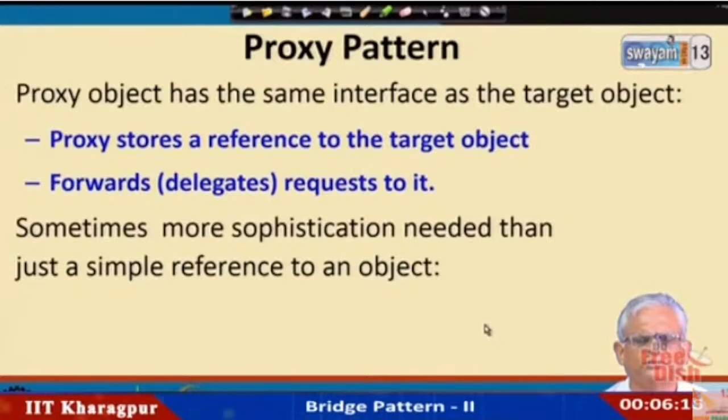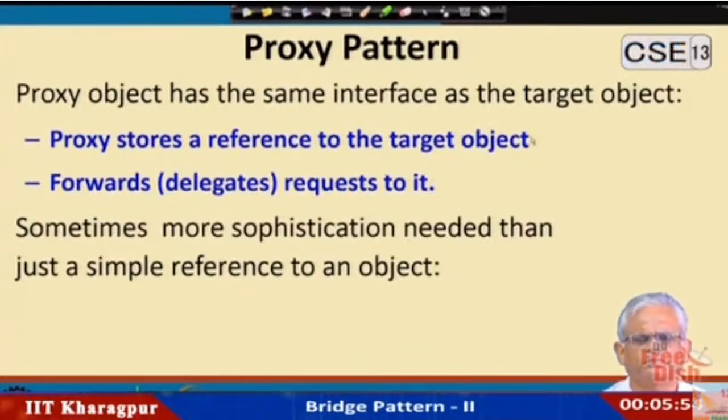Now, let us look at the pattern. Here, we will have a proxy object created that will have the same interface as the target object or the server, so that the client would have no way to know whether it is dealing with the proxy or the target.